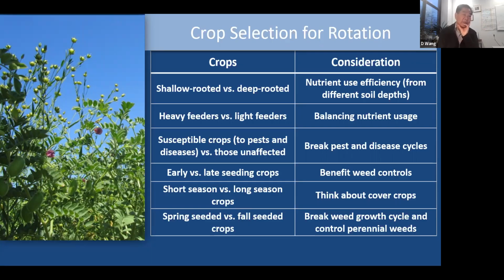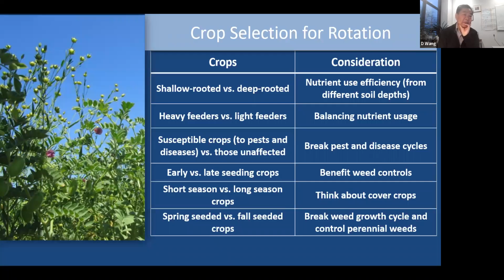Shallow-rooted crops would take up the moisture and nutrients from the cultivated zone, like the 6 or 12 inches, and deep-rooted crops could go down a meter and scavenge the nutrients from the lower horizon. Then when those crops die, they put those nutrients back onto the surface layer. And if you grow a shallow-rooted crop, it would have more nutrients to absorb.